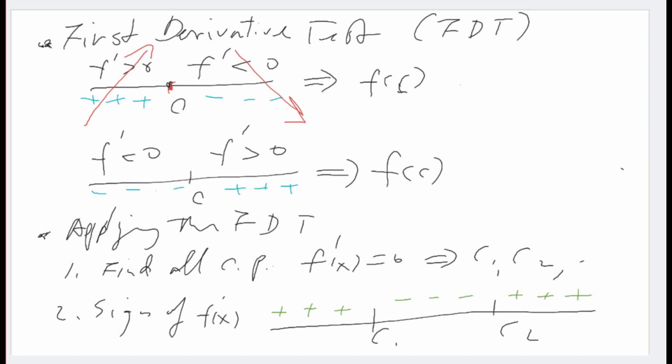But anyway, let's not even claim anything yet. So, first derivative test: we do the sign chart. First case, say the derivative is positive on the left side and negative on the other side. Then of course, according to the sign chart, it's going to increase, then decrease. Then the function value will be a maximum.